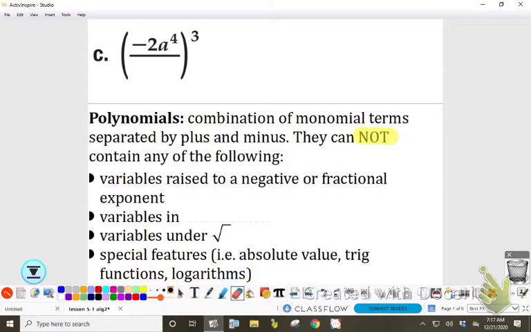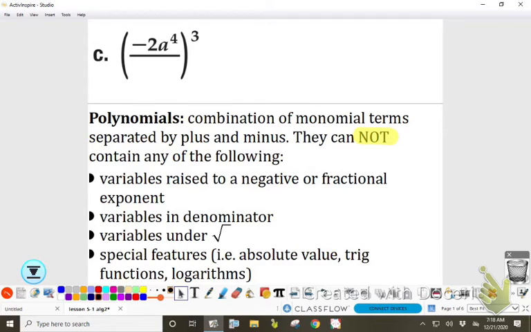You cannot have variables in the denominator. Okay. So if you have like 1 over x, x is in the denominator, that's not a monomial. You cannot have variables underneath the radical sign like this right here. So if you had a radical like this and a variable underneath it, that's not a monomial.